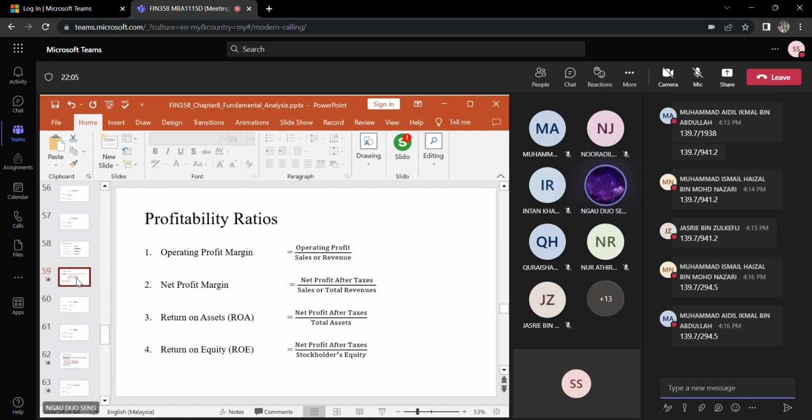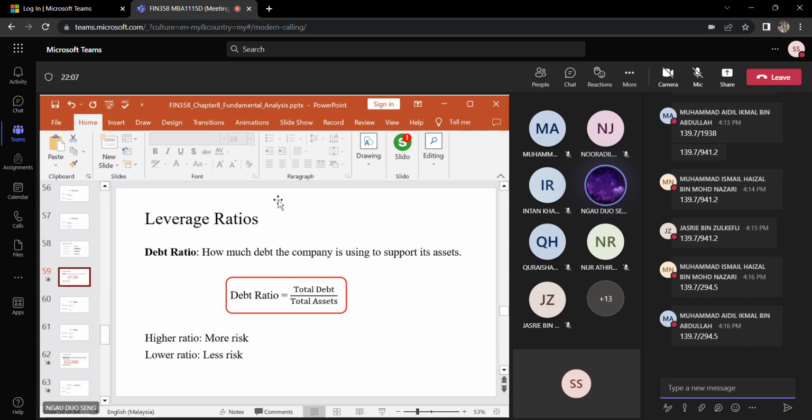Next, we have leverage ratio. For first one, we have the debt ratio. So how much debt the company is using to support its asset. I want to know whether the company use a lot of debt or not. So we have the formula total debt divided by total asset, atau sometimes kita guna total liabilities, right?